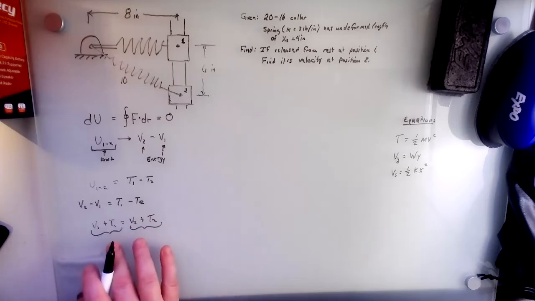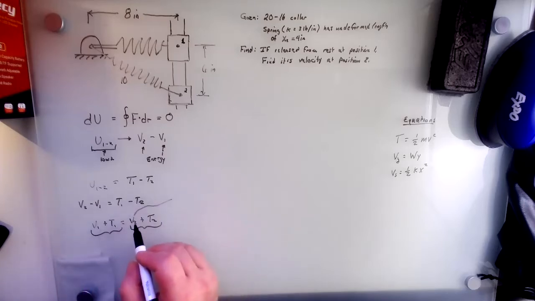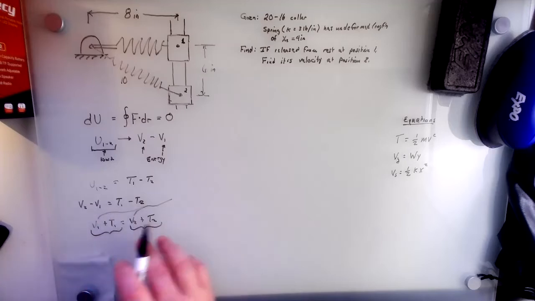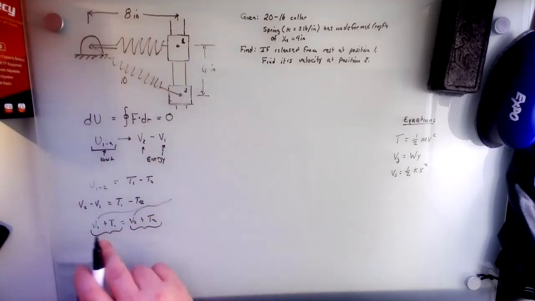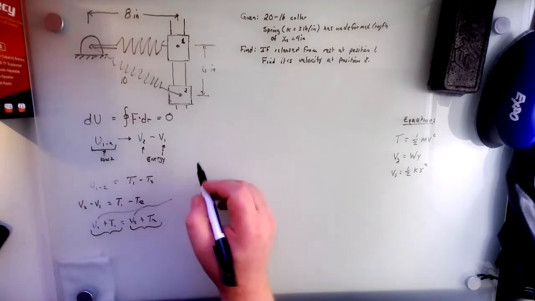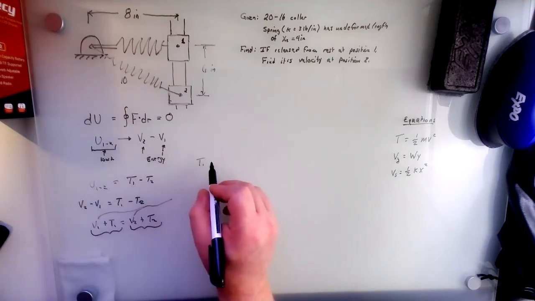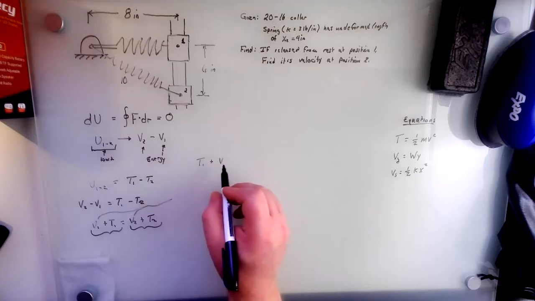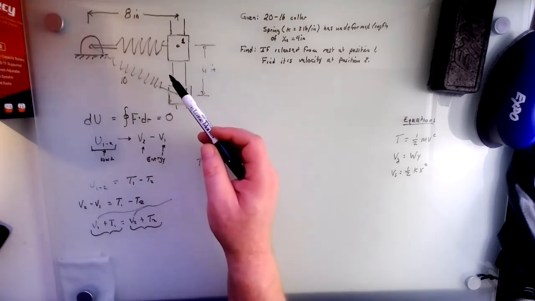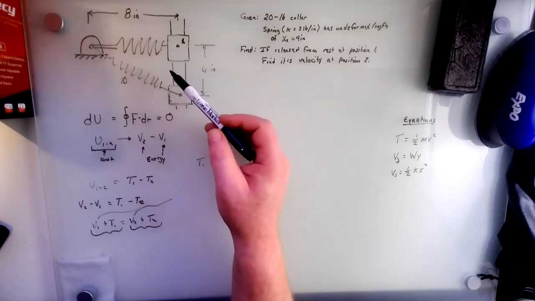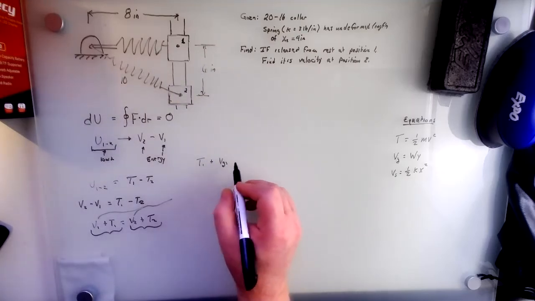So the only other thing to know about this is that we can expand these V's, and we will in this example. So instead of V1 and V2, let's write it this way: T1 plus VG1 plus VS1 equals T2 plus VG2 plus VS2, because we've got two potential energies here, right? We've got a gravity potential energy, and we've got a spring.